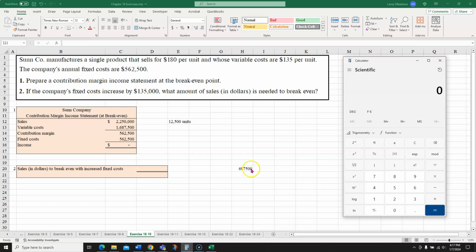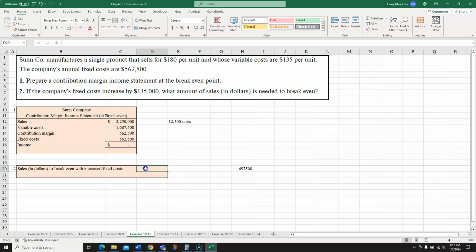So now I'm going to take this 697,500 and divide it by my contribution margin ratio of 0.25, and I'm going to get $2,790,000. And that's going to be the sales in dollars to break even with the increased fixed costs.